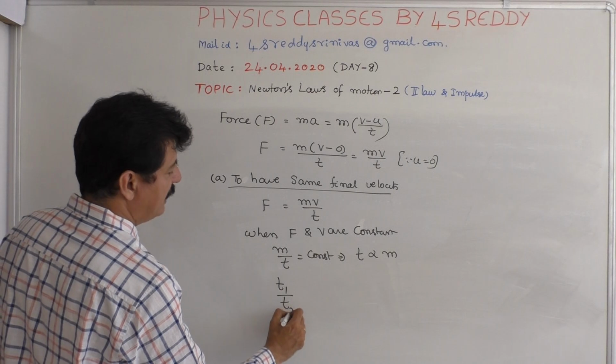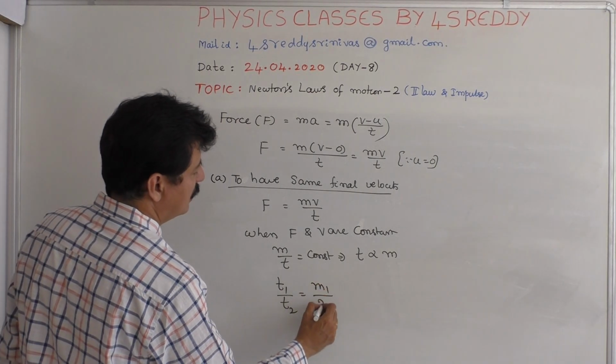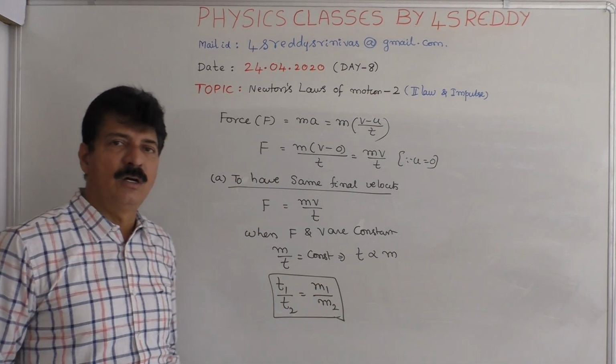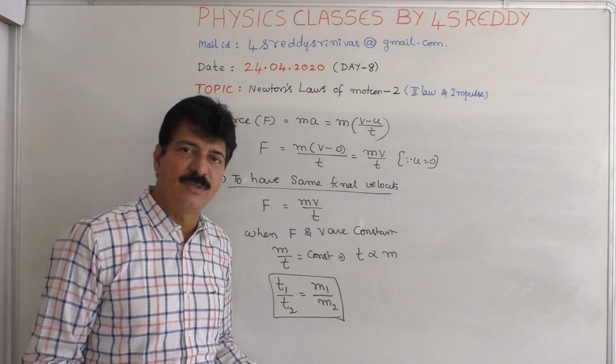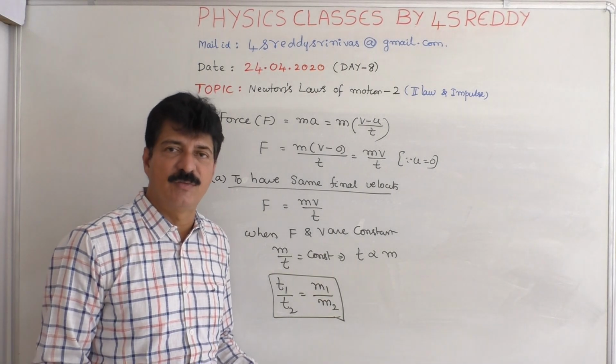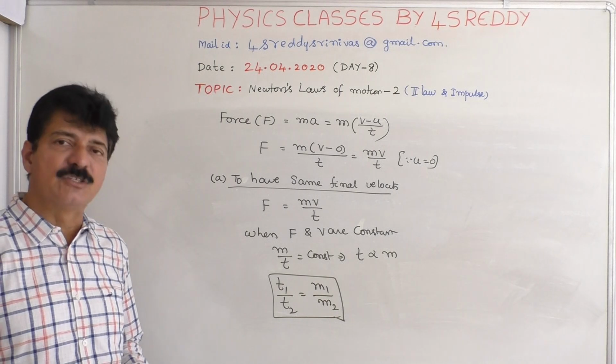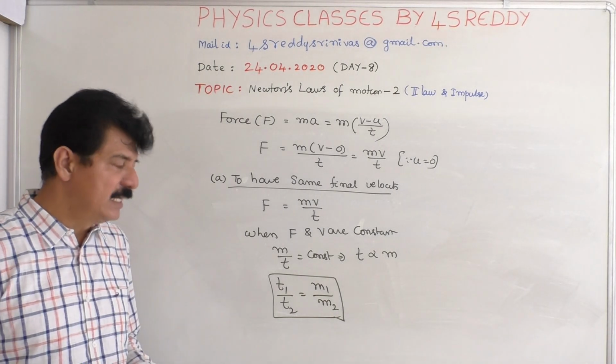Therefore, t1 by t2 is equal to m1 by m2. So, the ratio of the times taken to have the same final velocity is nothing but the ratio of their masses. Suppose you are given 2 kg and 3 kg, then the ratio of times taken is 2:3. Directly you can get it.